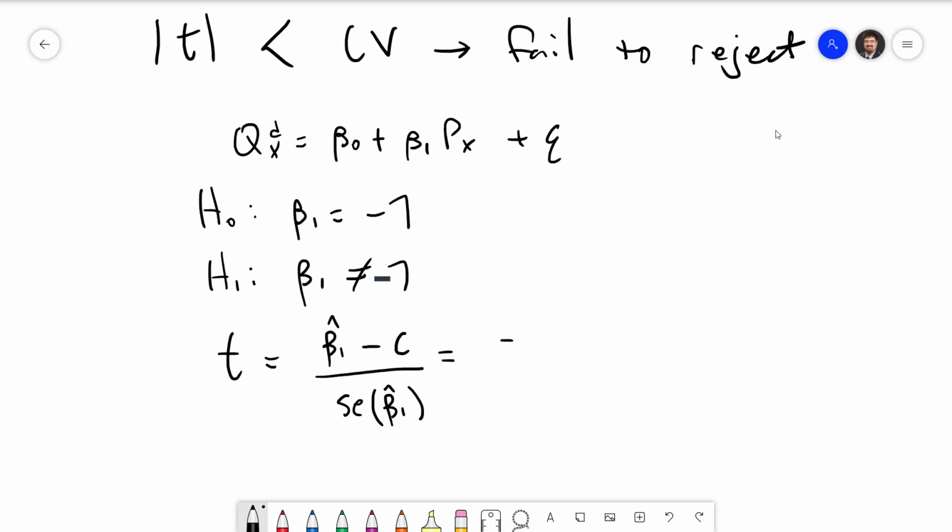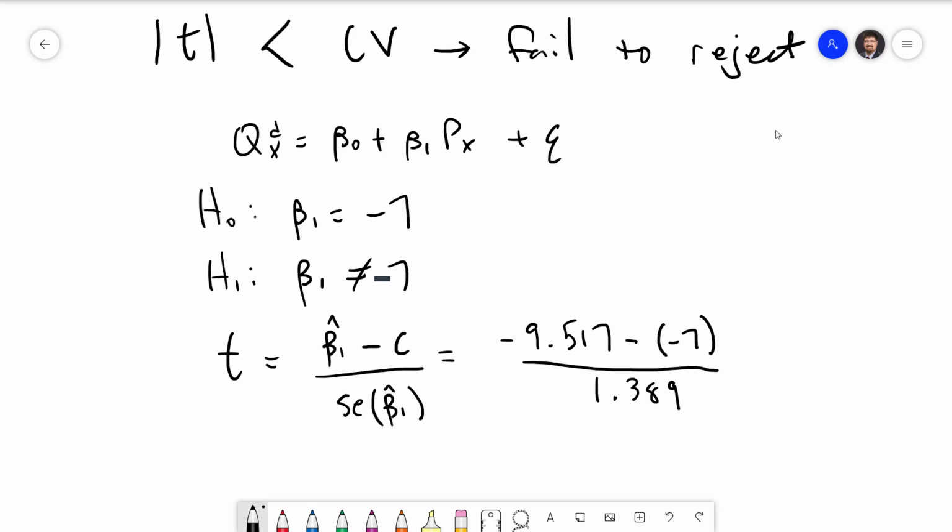Beta 1 was negative 9.517. C here is our hypothesized value, so we're going to take minus negative 7, and then divide that by the standard error, which also comes from our regression output, and that was 1.389.